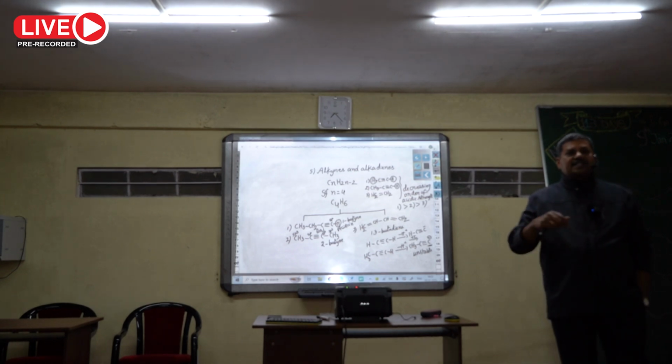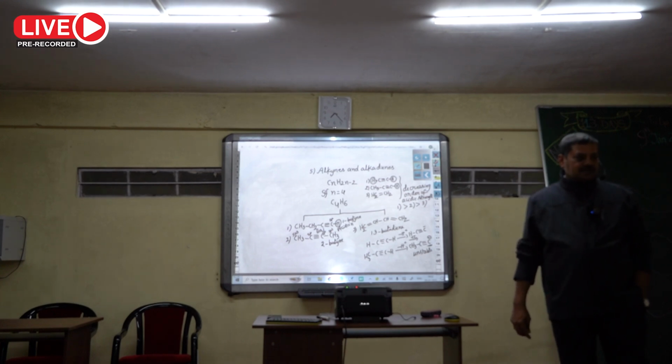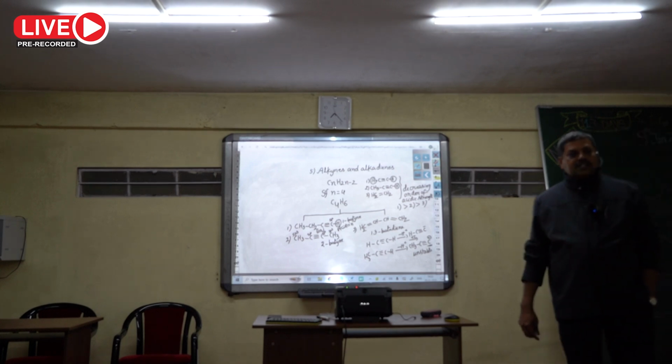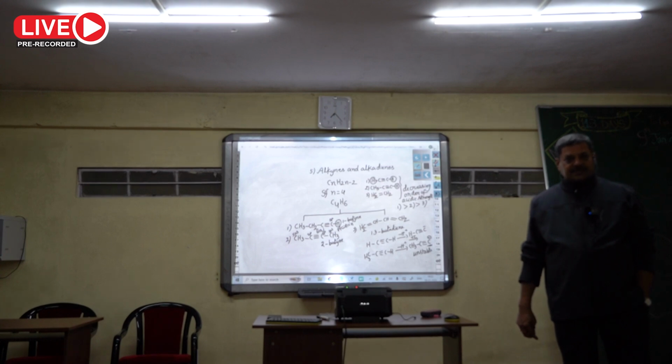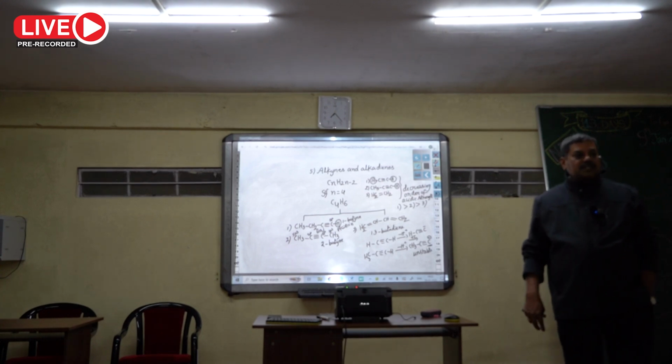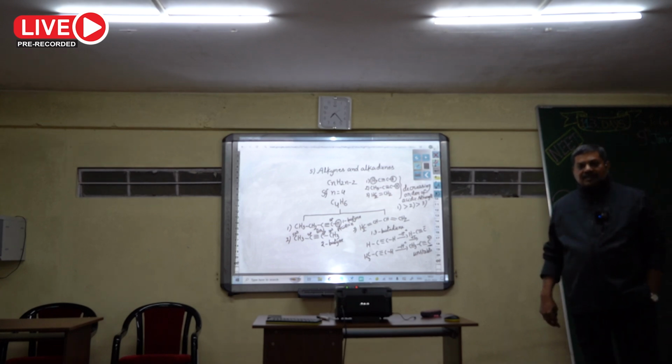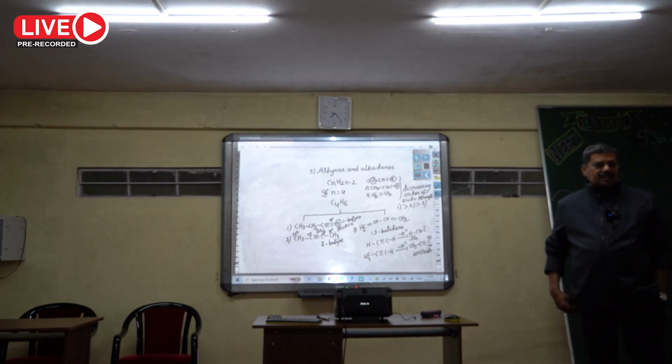So there are 2 reasons why 1 is more acidic than 2. 1 has more number of acidic hydrogens. Number 2, if 1 loses a proton, the anion is not destabilized. If the second compound loses a proton, the anion is destabilized by the plus I effect of the methyl group.